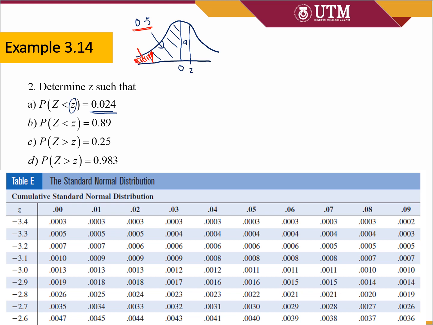Given that this area is 0.024, what you need to do is find the value of Z, given the probability of Z less than z is equal to 0.024.